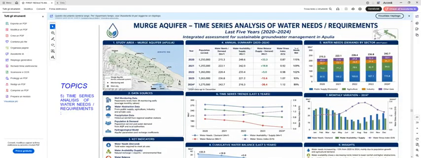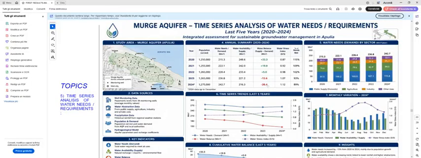From 2020 to 2024, you have the population surveyed by the local aquifer, the water demand, and the water availability supply. Finally you have the water balance. As we just said, in the last 6 years, the balance passed from positive data to negative data.